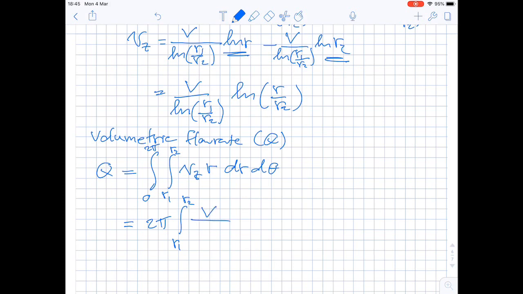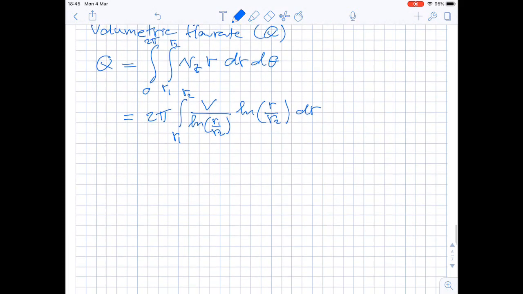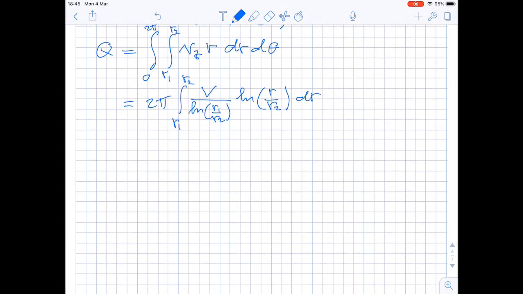Now we can take our velocity from above here. All right. Now this part is constant. So if I take it out of the integration, you get 2 pi V over ln r1 over r2.